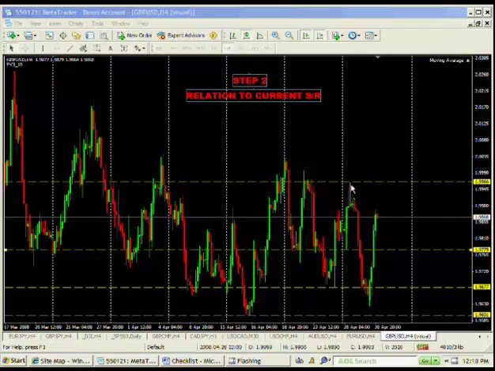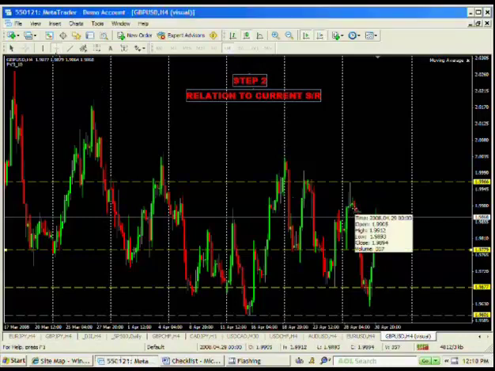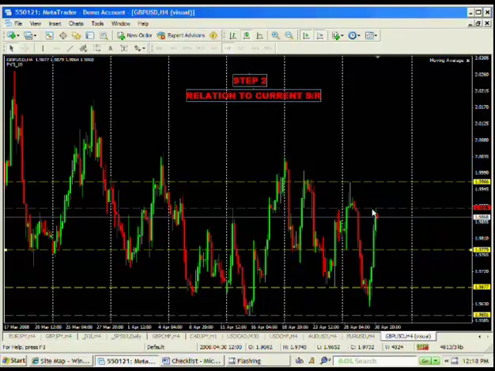Well, look at the bar that made the actual high and look at the length of that bar. The full length of that bar is the resistance bar, and we can see that we touched and we closed below this bar.